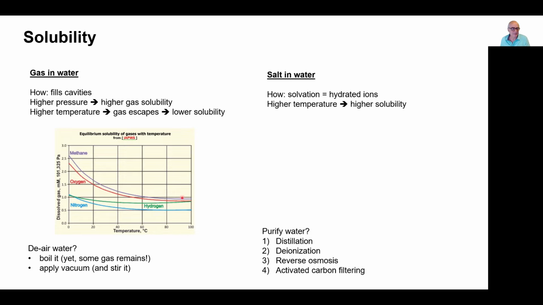And this is what I'm showing in this data, that the solubility of gases, methane, oxygen, nitrogen, hydrogen, decreases with temperature. And that's the reason why we can be more or less effective at degassing water by boiling it.